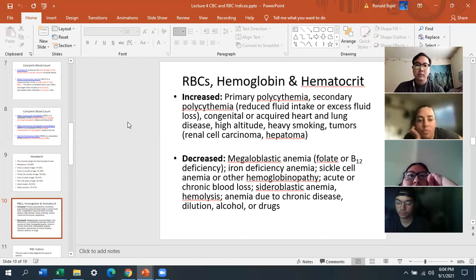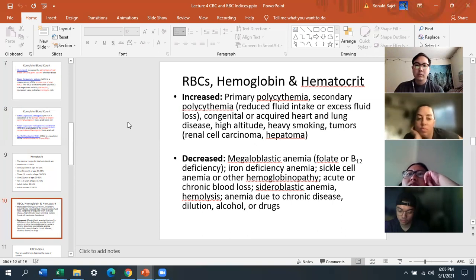Decreased RBCs, those are your anemias. Your megaloblastic anemia, that's where you have megalo meaning large, so you have large red blood cells. Okay, you get oval macrocytes. I'll talk about that when I talk about the megaloblastic anemias. The main ones are folate or folic acid or B12 deficiency.